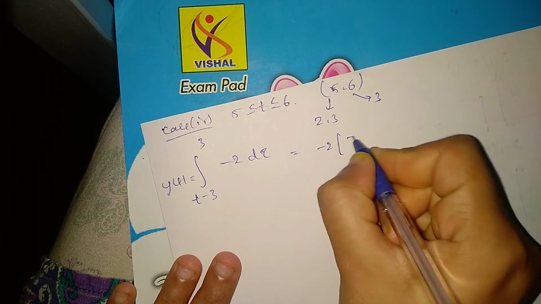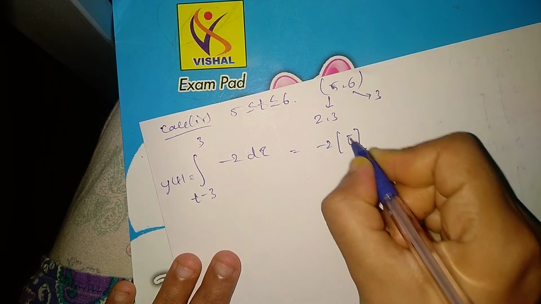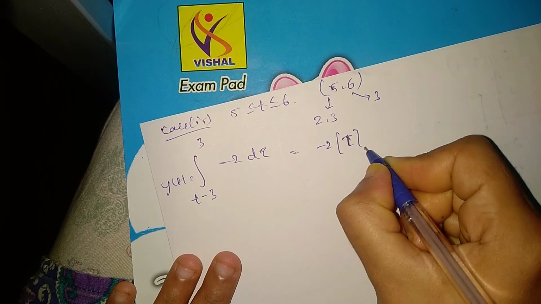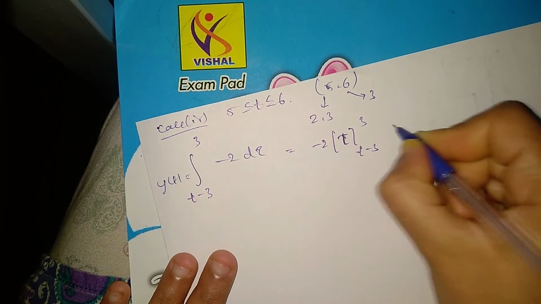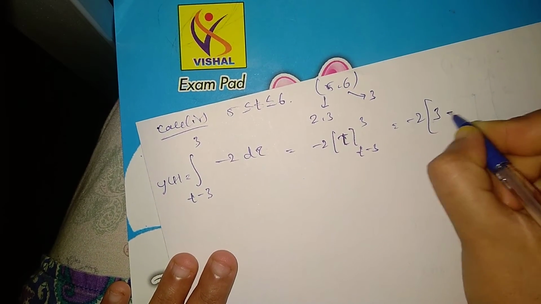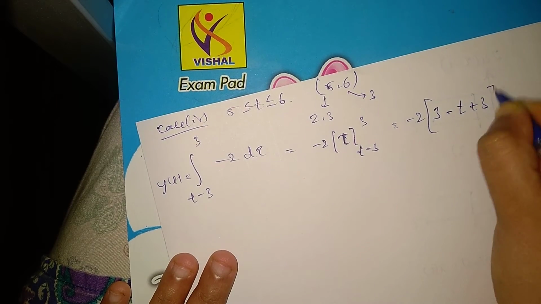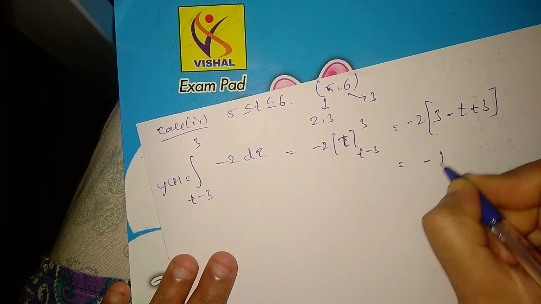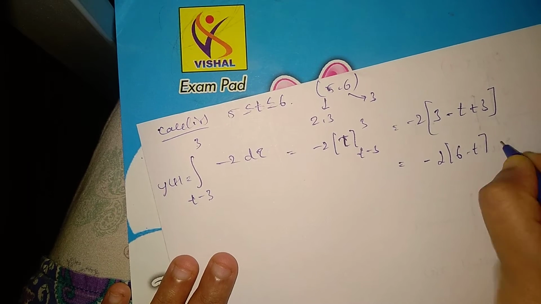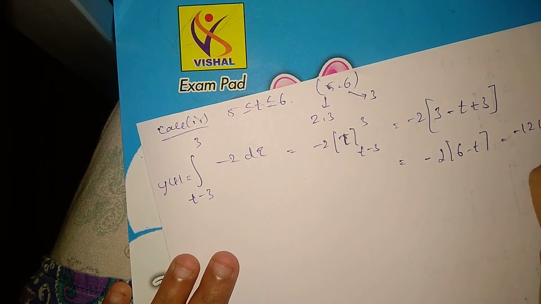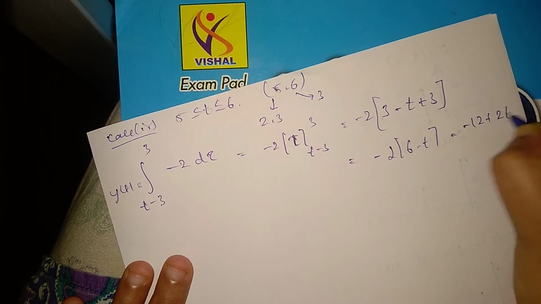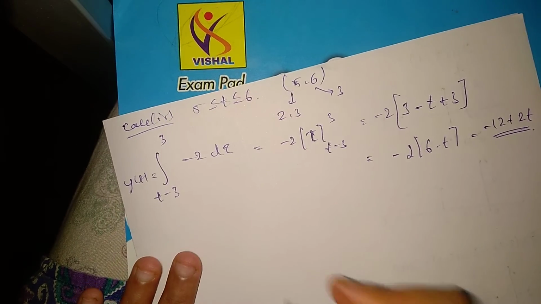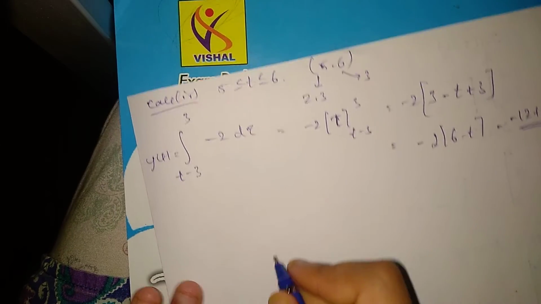If you simplify this, it is minus 2 times 3 minus t plus 3, so this will be minus 2 times 6 minus t, which is minus 12 plus 2t. This is your value when t is between 5 and 6.